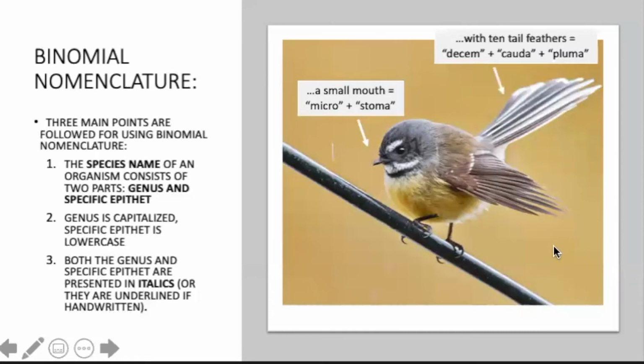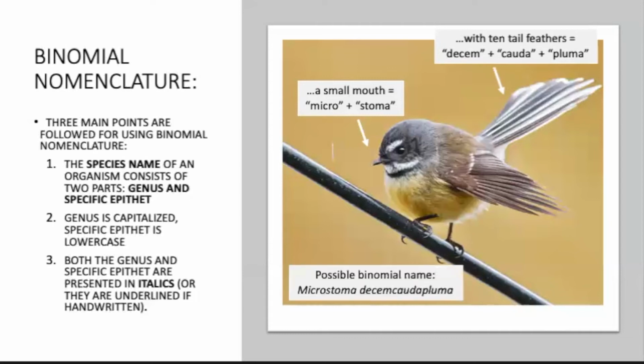We can also notice that it has very distinct tail feathers. Specifically, it has 10 tail feathers. So decim means 10, cauda meaning tail, and pluma meaning feathers, like plumage. So decim cauda pluma. Microstoma decim cauda pluma gives you the possible binomial name.